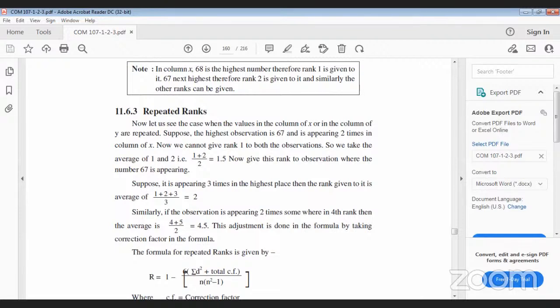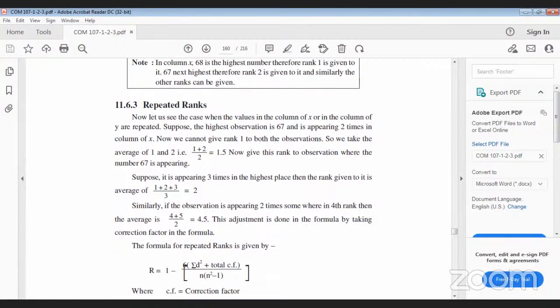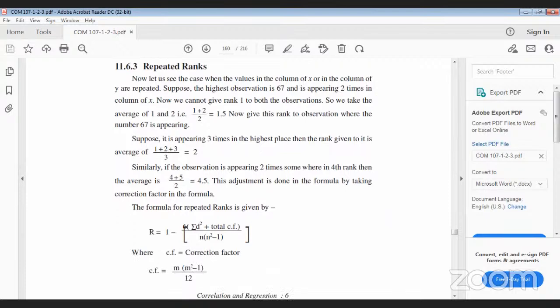The formula for the repeated ranks is given here. That formula is R equals 1 minus, in brackets, 6 into brackets summation D square plus total of CF, that is the correction factor, bracket complete, upon N into bracket N square minus 1, bracket complete, and the big bracket also complete here, where CF is known as the correction factor.